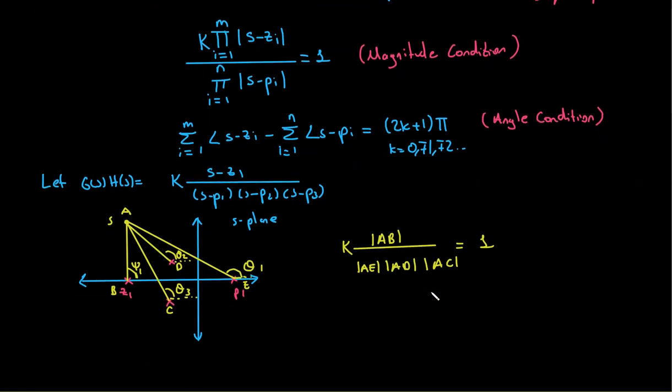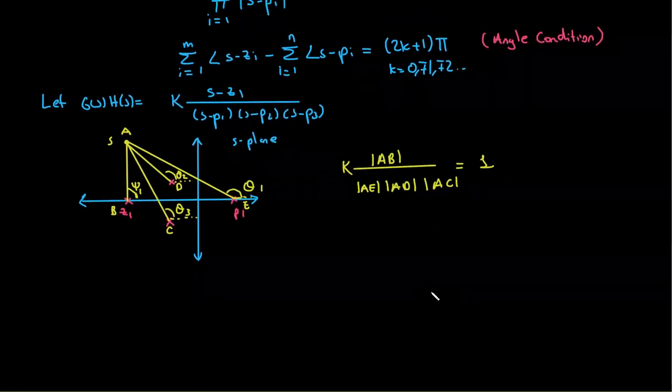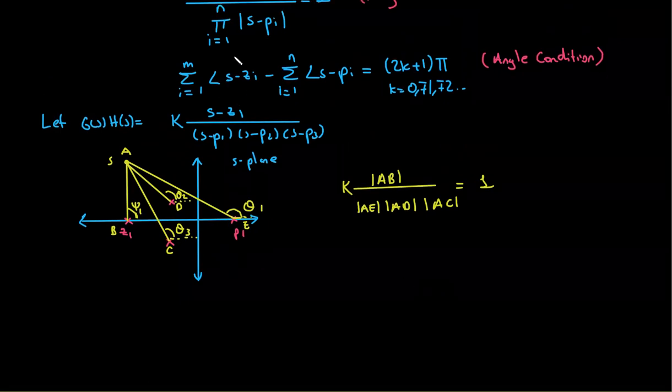How about the angle condition? So angle condition simply says that the difference between the angle of the sum of zeros and the angle of the sum of poles should be equal to an odd multiple of pi.